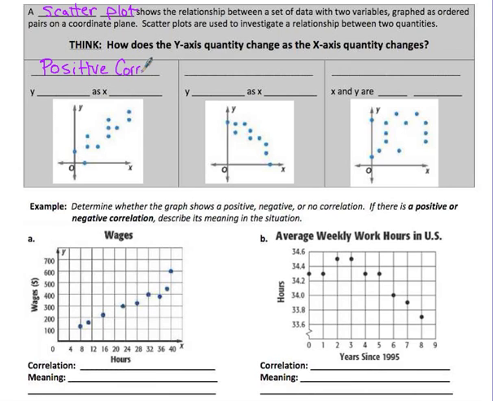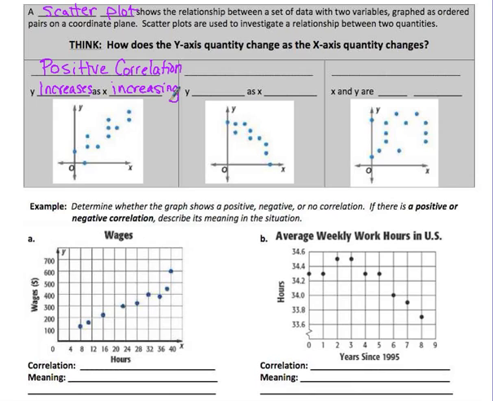Correlation means how they go together. And so y, if you look, y is doing what? It's increasing. So y increases as x increases. Positive, they're both increasing. That should make sense to us.